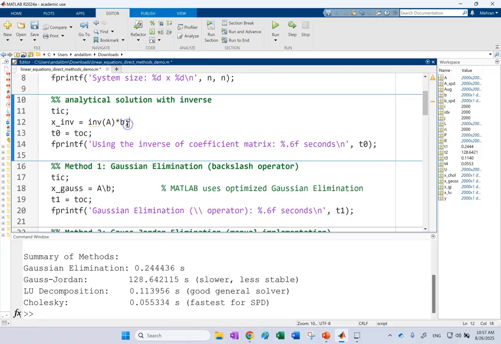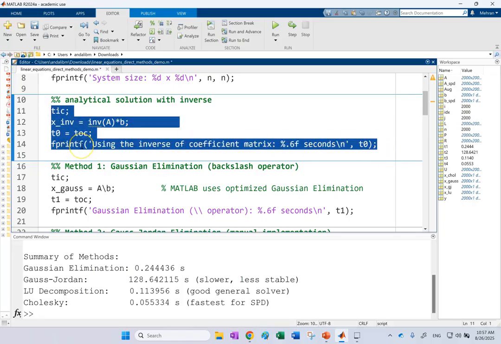Okay, so if I just run this portion for you, let me just run this portion because I don't want to run the whole thing again.